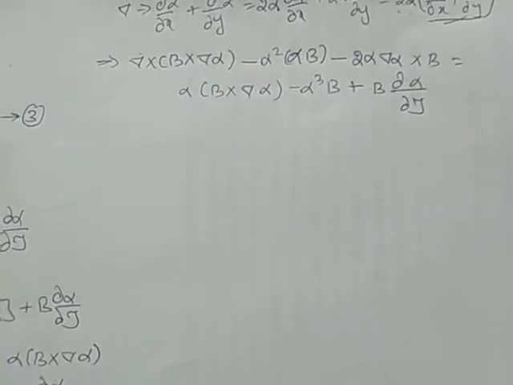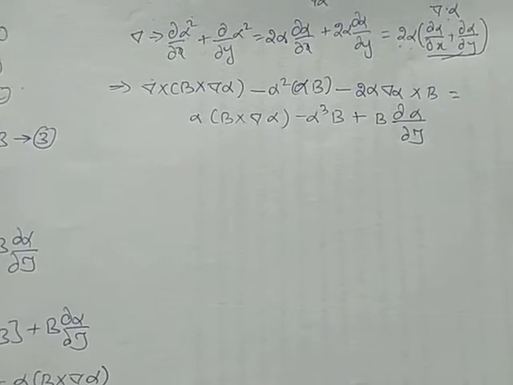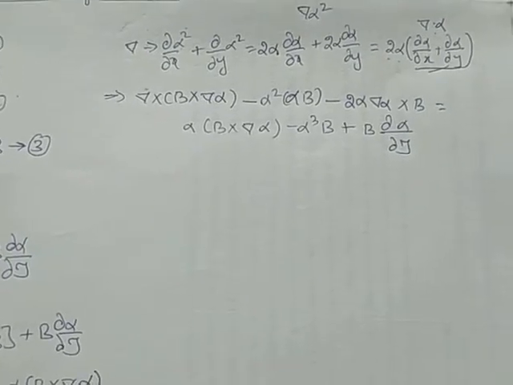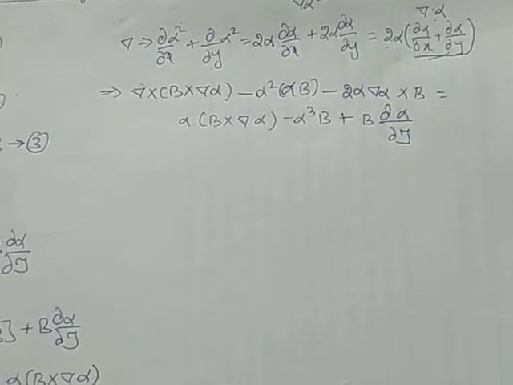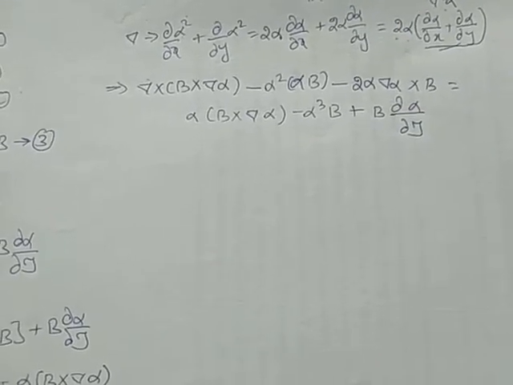So RHS I didn't simplify, I keep RHS as it is. Only LHS I have used for del cross alpha square B using vector identity.